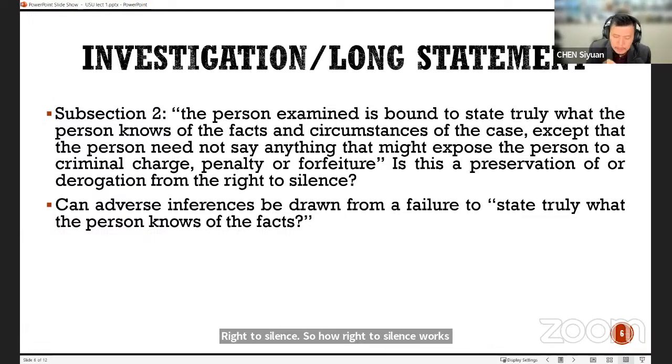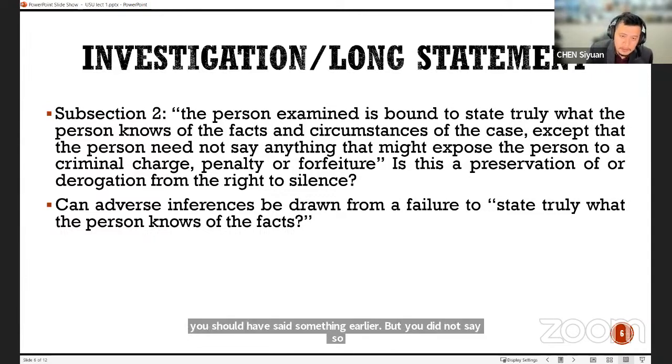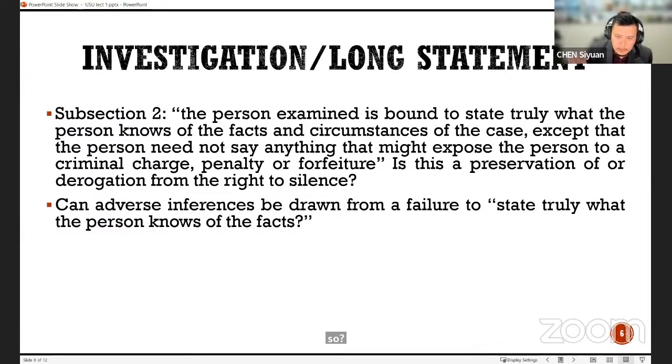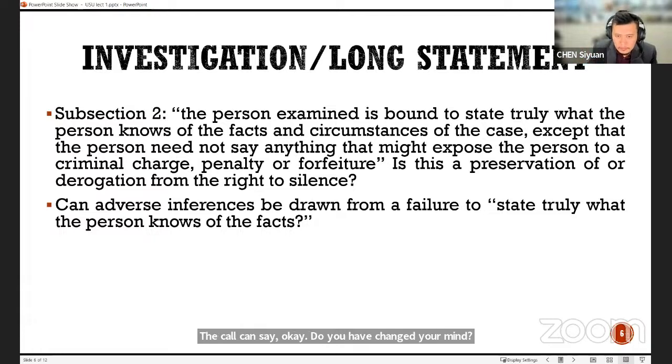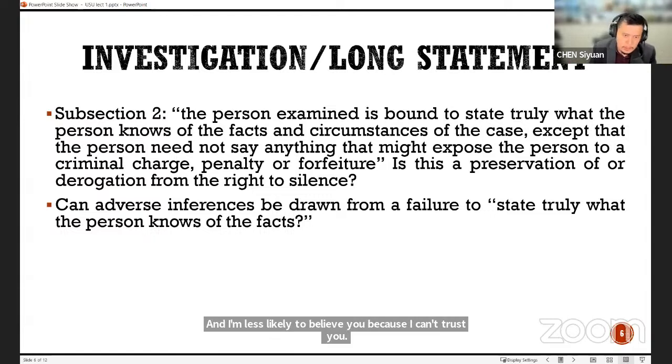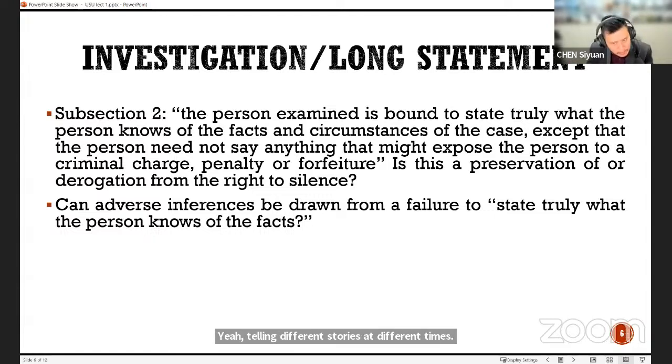If you should have said something earlier, but you did not say so, you only say so in court at a later juncture, this is where the court can say, okay, you have changed your mind, and I'm less likely to believe you because I can't trust you. You're telling different stories at different times. Earlier, you said this. Now you're saying a different thing. I can't tell which is correct, so I'm just not going to believe you as much. So that's the effect of an adverse inference.